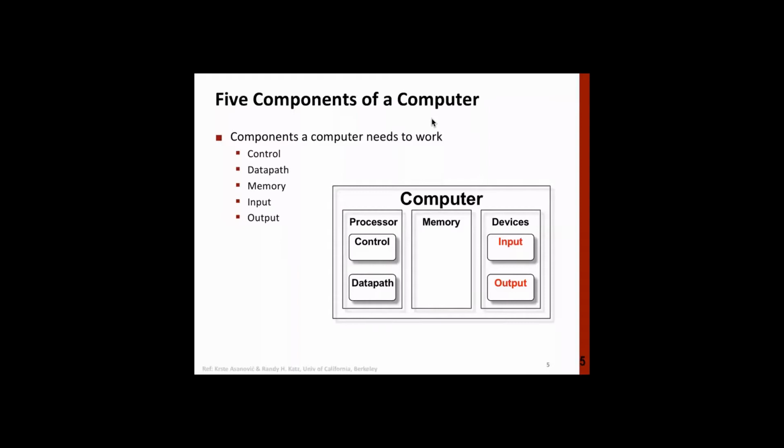Now memory consists of main memory, which is DRAM, and of course cache, and then we have secondary memory. So this makes up in general a computer.